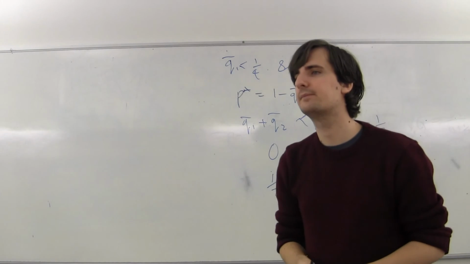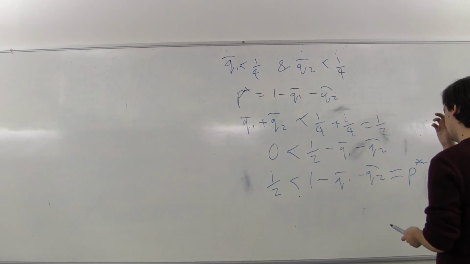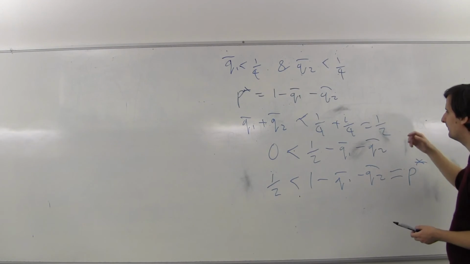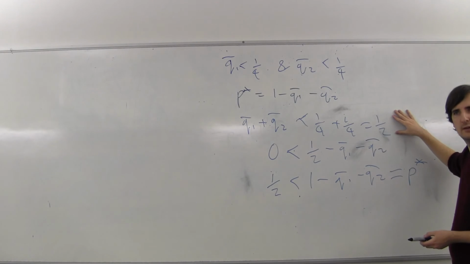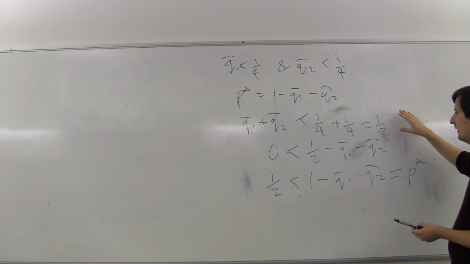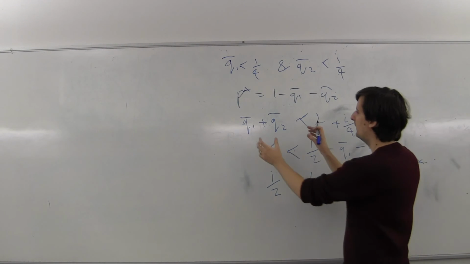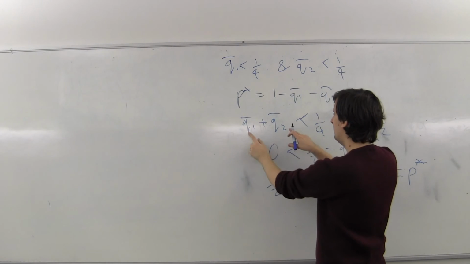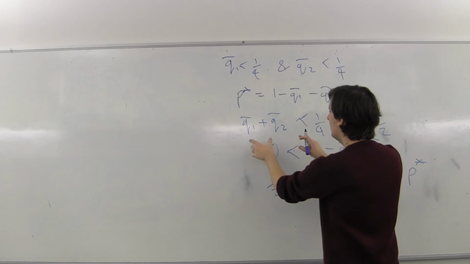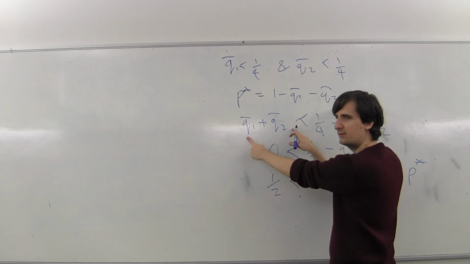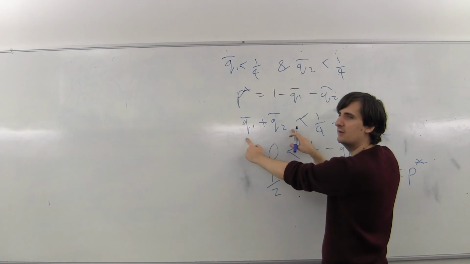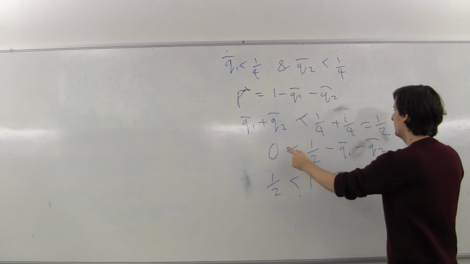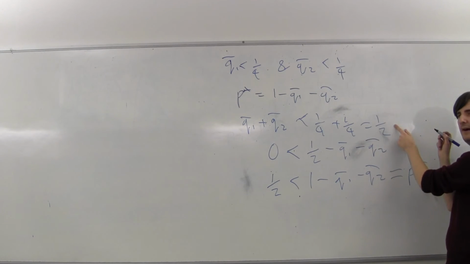Can you repeat what happened in the last two equations again? Last two equations, okay. So you happy with this one? Yeah. Okay, so we subtracted this from both sides of the equation. We subtracted Q1 bar plus Q2 bar. So Q1 bar plus Q2 bar minus Q1 bar minus Q2 bar, that's equal to 0. On the right hand side here we had a half.